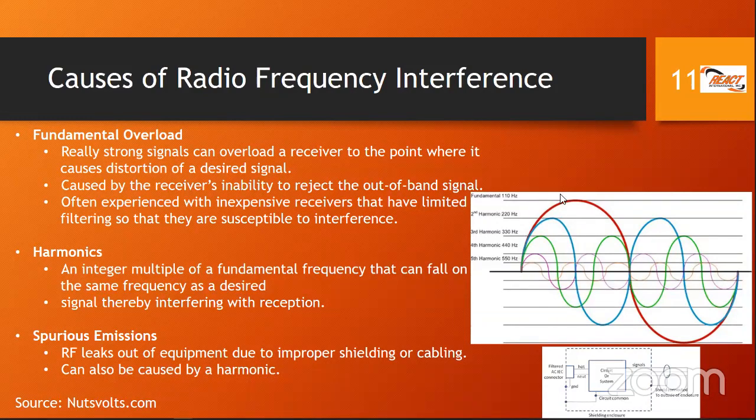If I have a frequency, and this first frequency I've listed is 110 hertz, let's say that's the frequency. The second harmonic is 220 hertz. The third harmonic is 330 hertz. The fourth harmonic is 440 hertz. The fifth harmonic is 550 hertz. Can you guess what the sixth harmonic is? If you guessed 660 hertz, you'd be correct. So you get the picture.